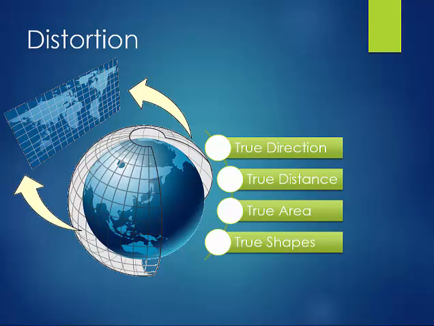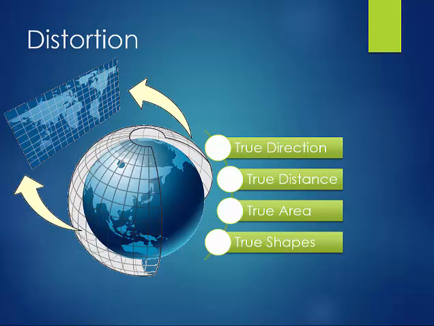So when you choose a projection, you are deciding which of these characteristics you want to retain or that will have the least amount of distortion. As such, we can use these properties to describe a projection's distortion. At least one or up to all four of these properties may be distorted on a projected flat map.